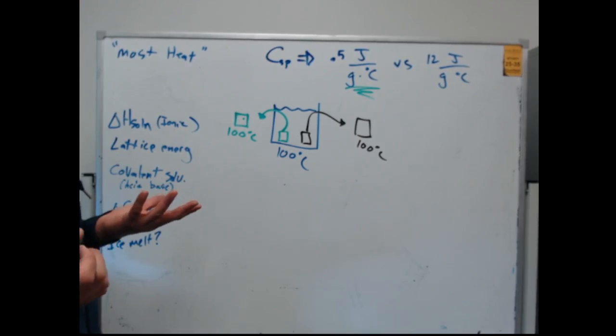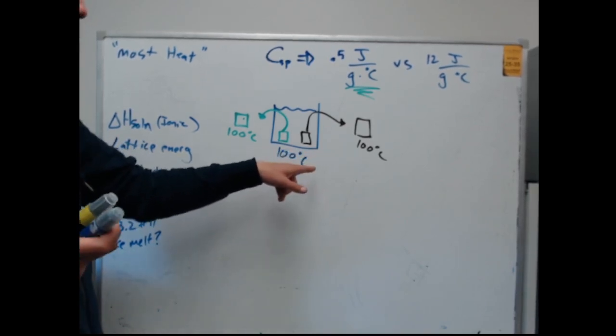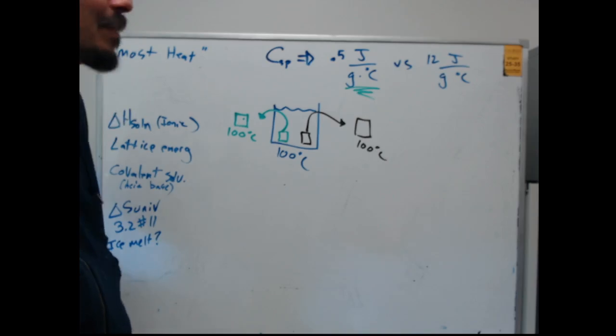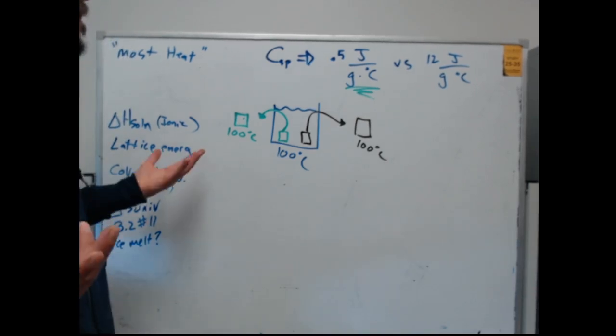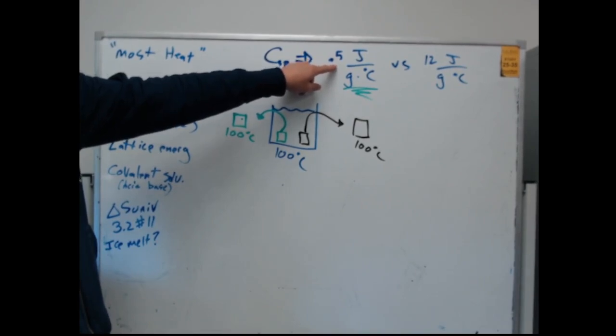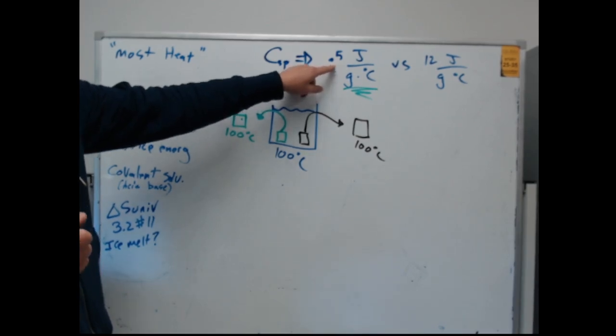Ideas? Which one's going to carry more energy with it? Green or black? Since no one's answering, it's office hours, you're supposed to engage more, but the way I think about it is this green block only takes 0.5 joules to increase the temperature for each gram.